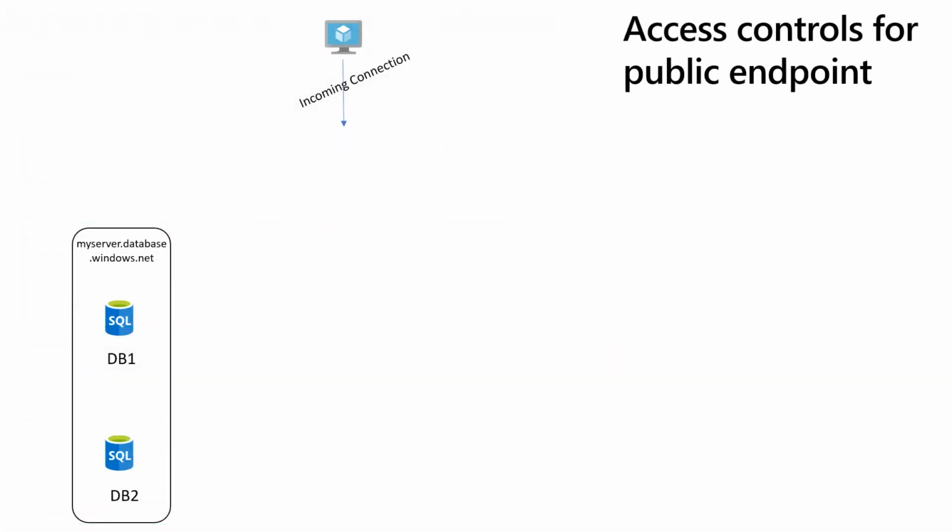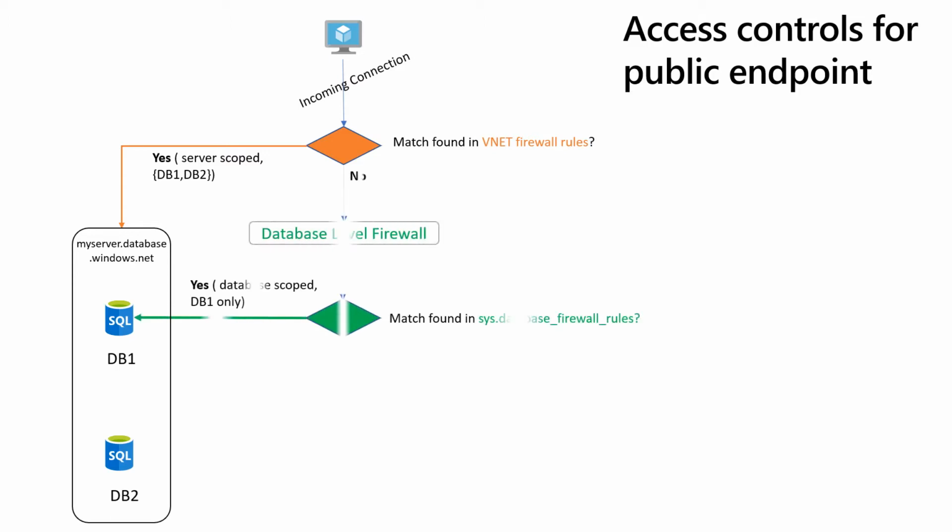So let me drive home this message of how exactly firewall rules work by showing you how we evaluate an incoming connection. If an incoming connection matches any of the VNet firewall rules, these are at the server level, so the incoming connection has access to all the databases on the server.